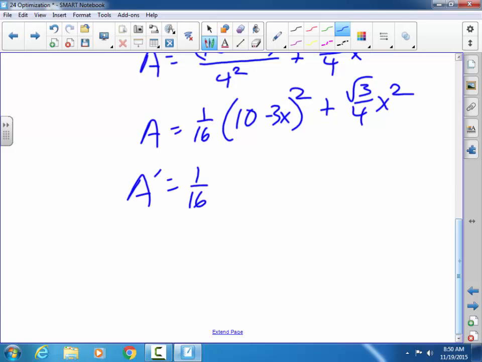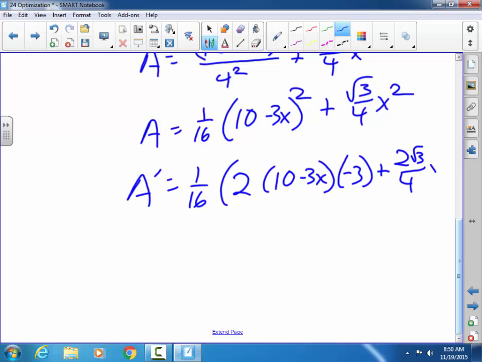I get 1/16 of 2 times this ugly stuff times negative 3 plus 2 root 3 over 4 x. And I bet y'all can finish that off. It's not going to be pretty to deal with, but it can be done.